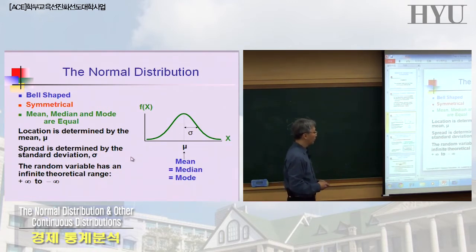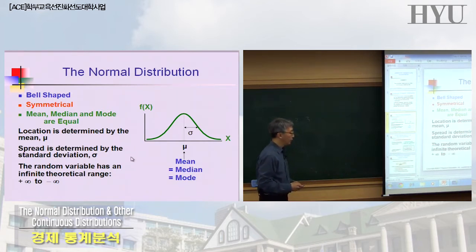Another important characteristic is symmetry. The normal distribution is symmetrical, and you know what that is. And the mean, median, and mode are equal.